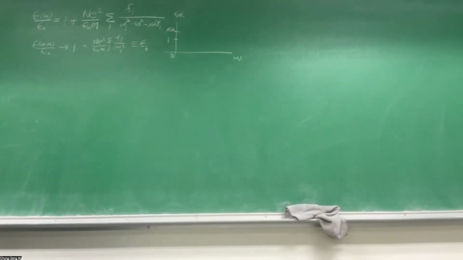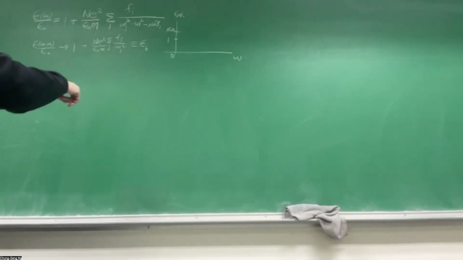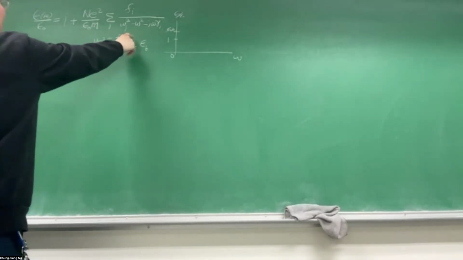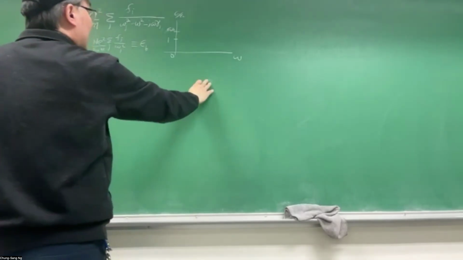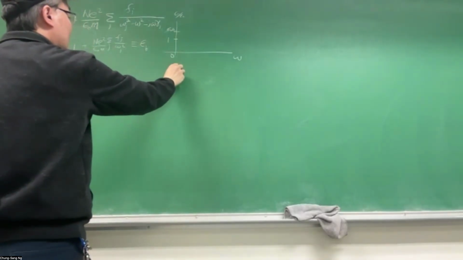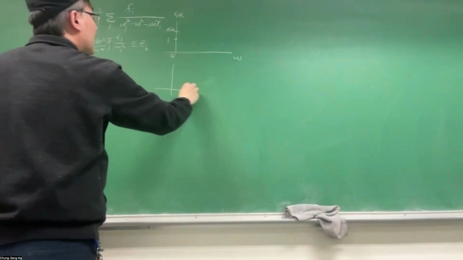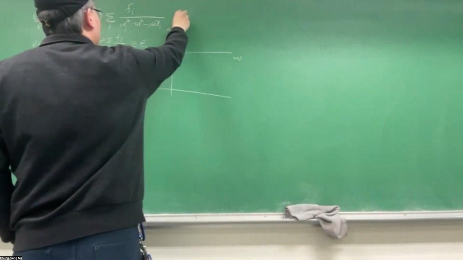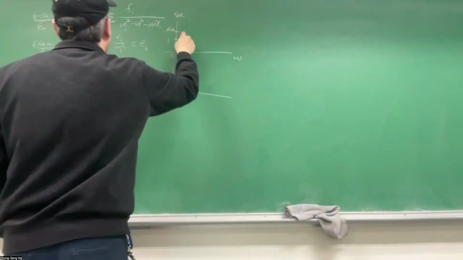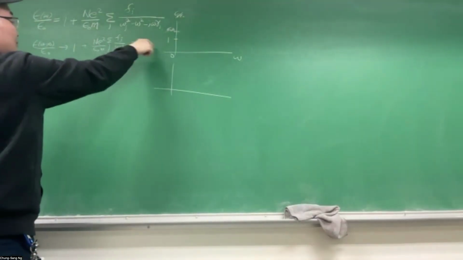Now, once we have that, we can also look at the imaginary part. Obviously, this is real. It means that if all the omega sub j's are positive and non-zero, then, I should actually say this is the real part, because this is real, so that doesn't matter.